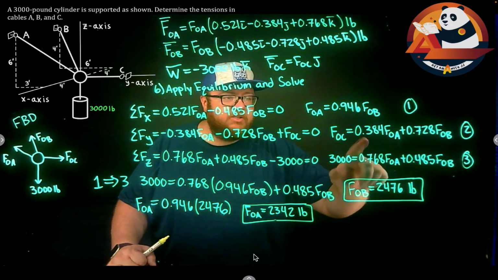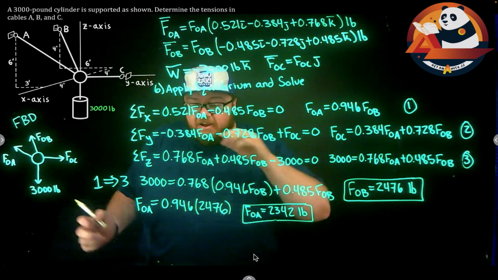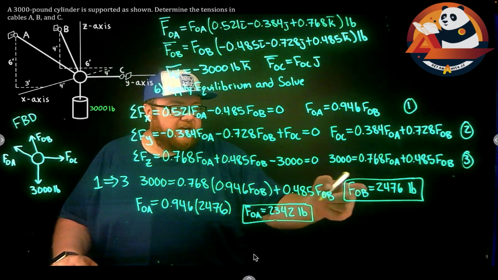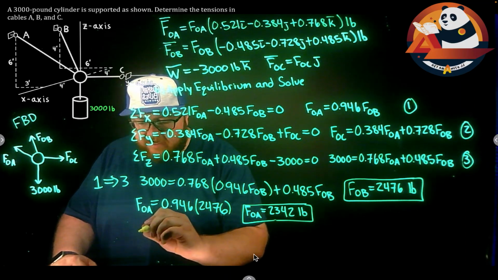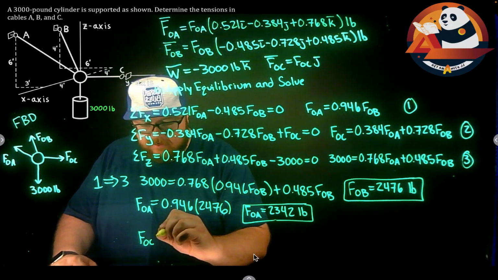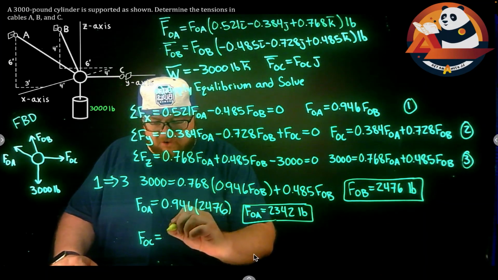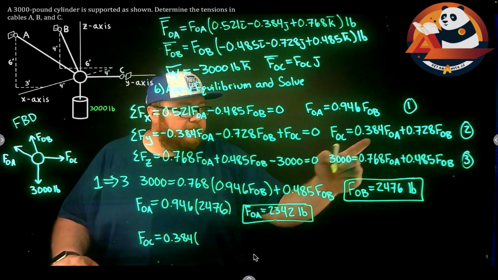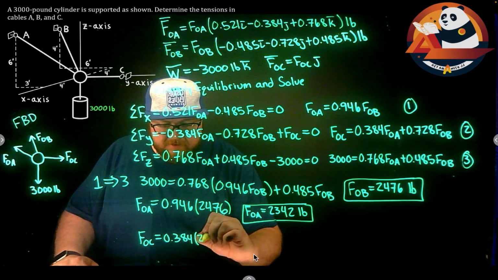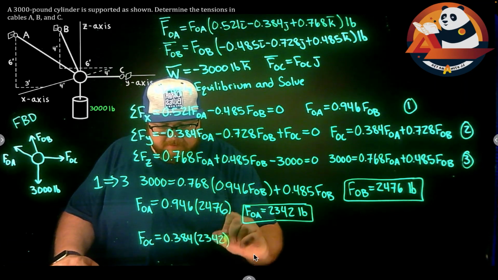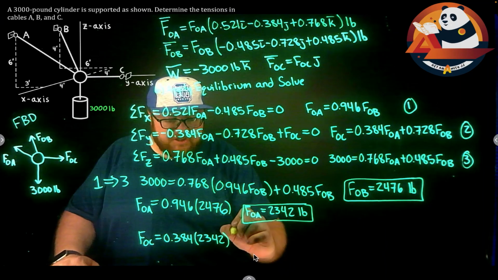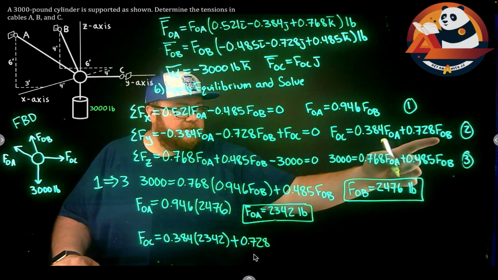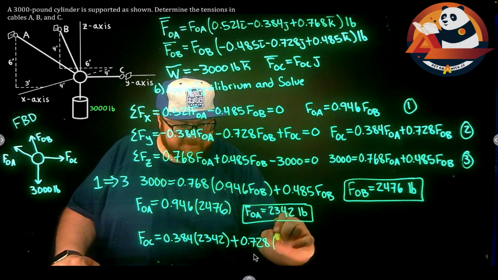That means I can put both of those into equation 2 now, and I'll find FOC out for this. So let's write that one out. I'm just substituting in known values now. FOC should be equal to 0.384 times FOA, 2,342, plus 0.728 times FOB, 2,476.